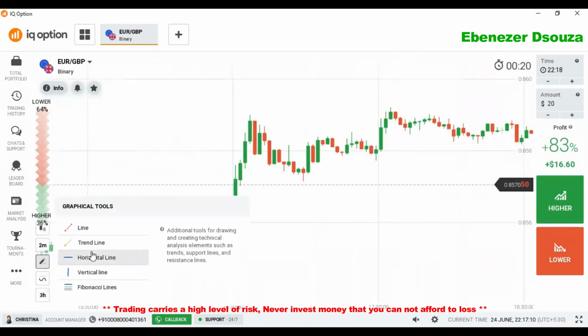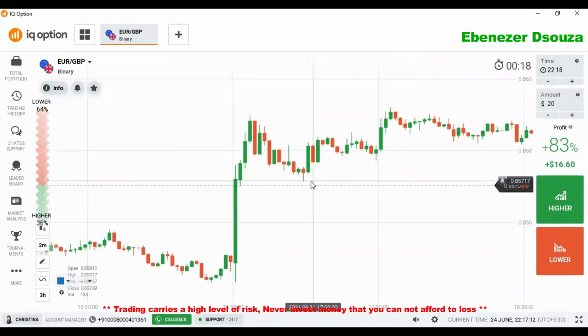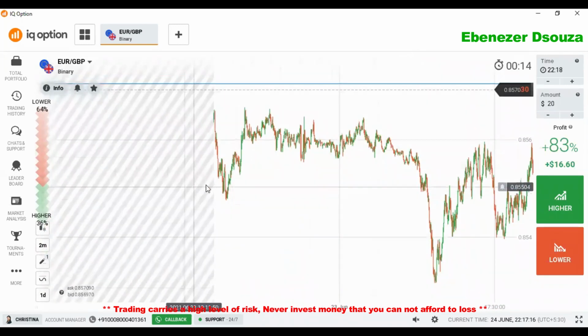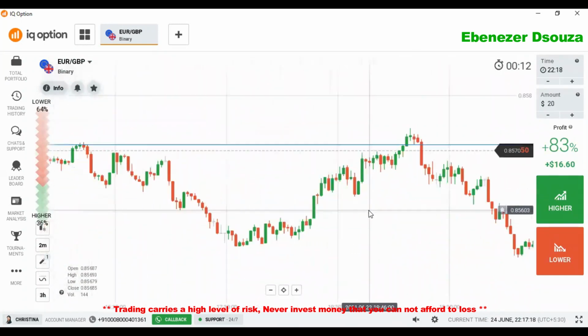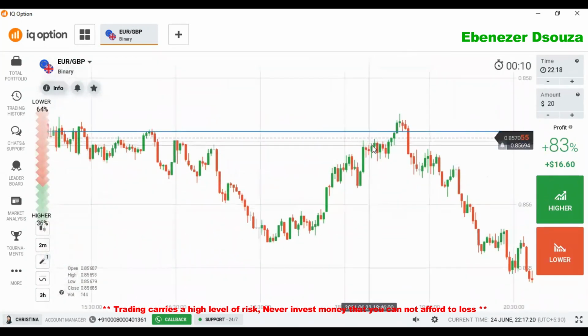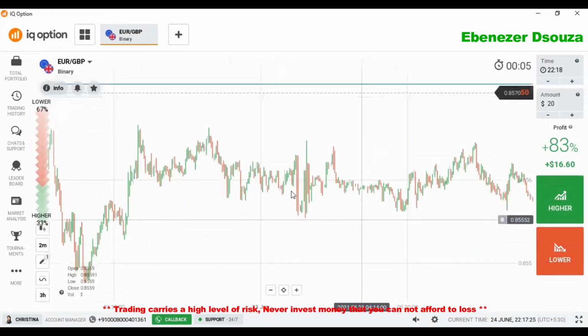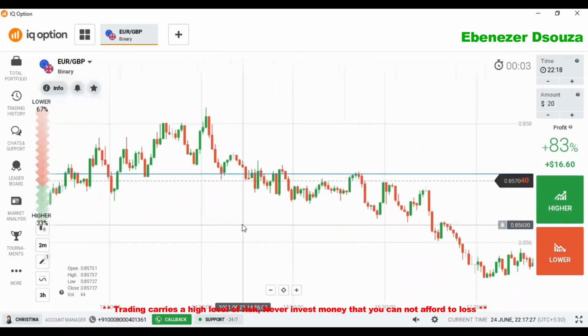So there is a level here. So here as well there is a level. Maybe it's a reversal point.